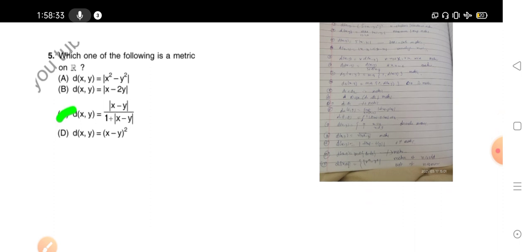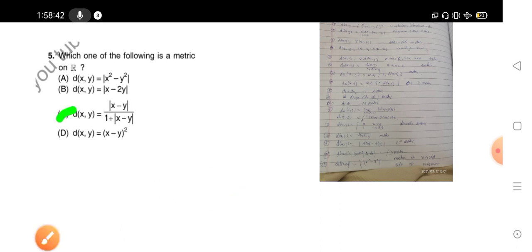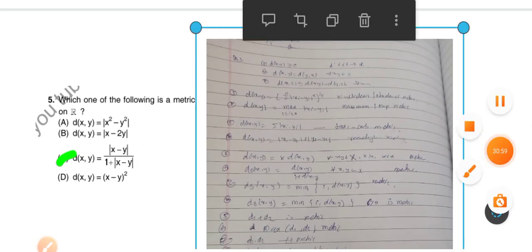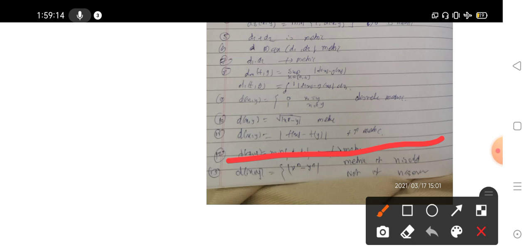Next question, which one of the following is a metric on R? Here four options are given. Here is one important result: d of xy equal to mod of x raised to n minus y raised to n is a metric when n is odd, not a metric when n is even. Now check what is given.